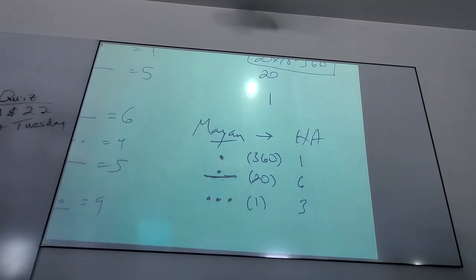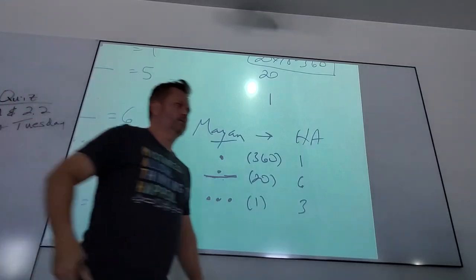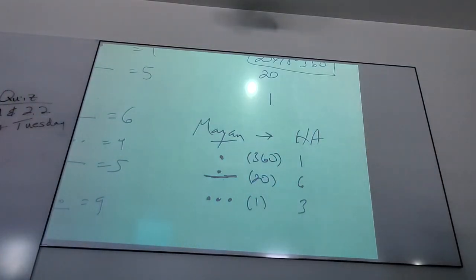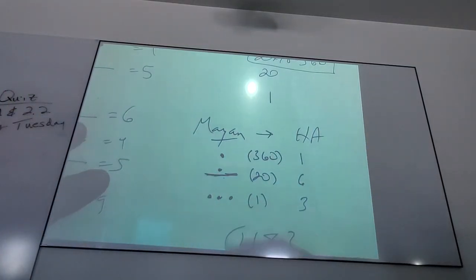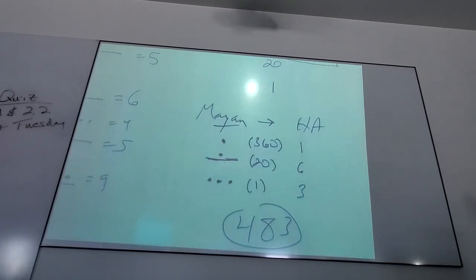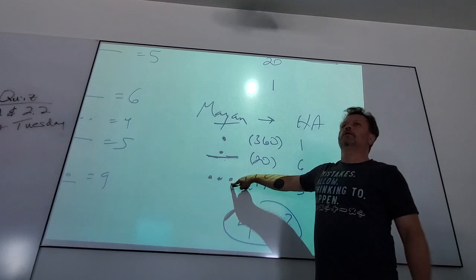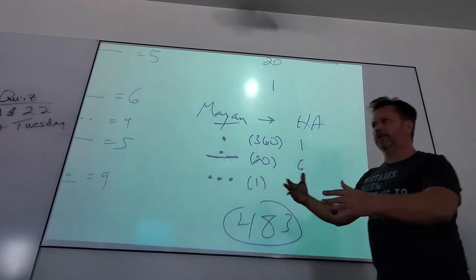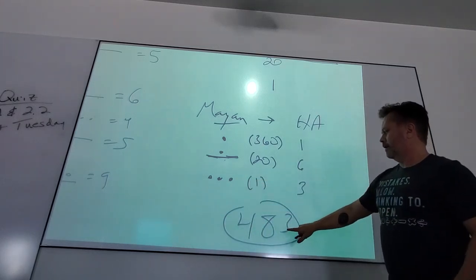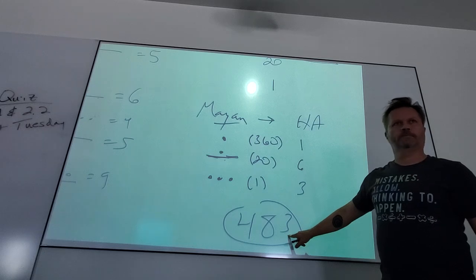Yeah, so 6 20s is 120 plus 360 is 480 plus 3, 483. So if you were an educated Mayan back in the day and you saw this on a piece of paper, or whatever they used, to be really honest, I don't know, I think it's papyrus, you would know that that meant 483.